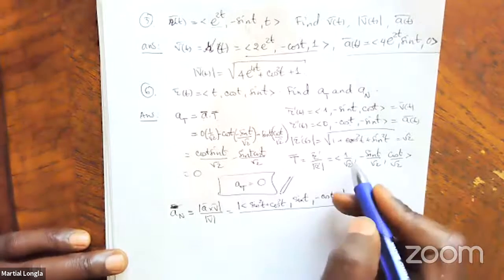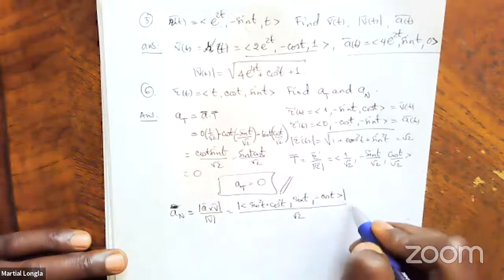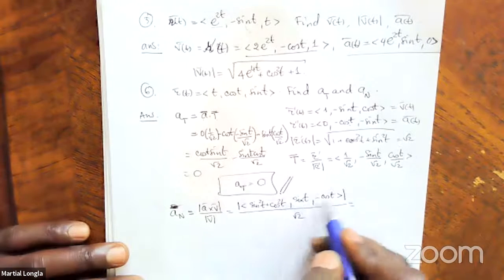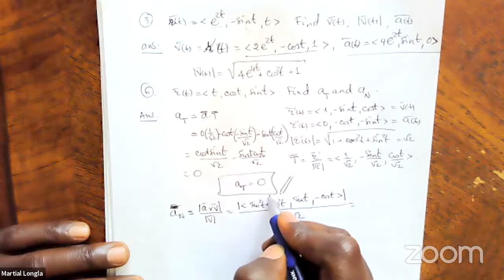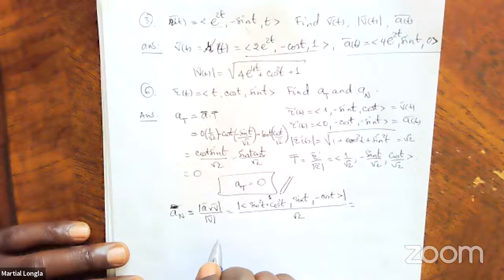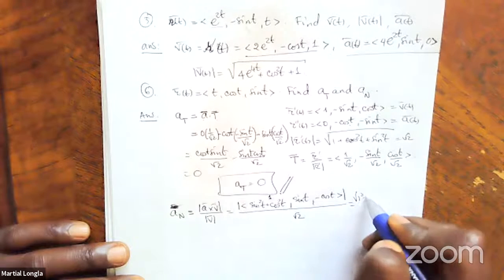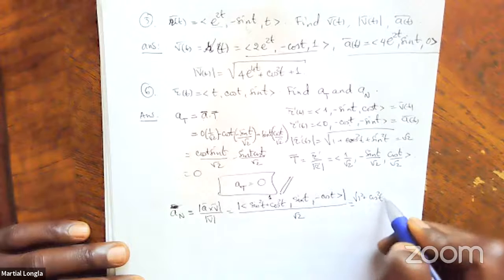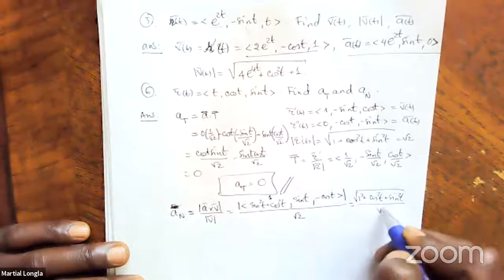You're going to get the magnitude of that. And the magnitude of v is the magnitude of r prime, which we already found, root 2. And so the magnitude of this vector here, sine squared plus cosine squared, is 1. So this is square root of 1 squared plus cosine squared plus sine squared t over root 2.